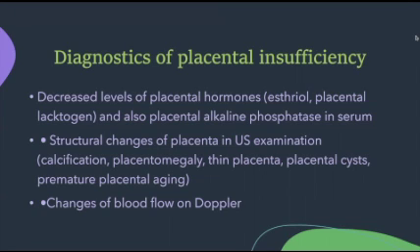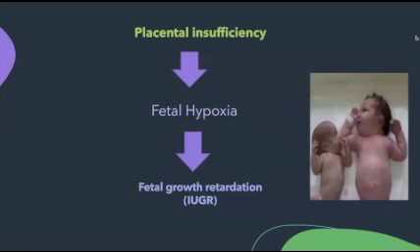If we see in laboratory examination decreased levels of placental hormones and also placental alkaline phosphatase in serum, and we see in ultrasound examination structural changes of the placenta, such as placentomegaly, thin placenta, or premature placental aging, and if we see changes of blood flow on Doppler, then we can make the diagnosis of placental insufficiency for this patient.